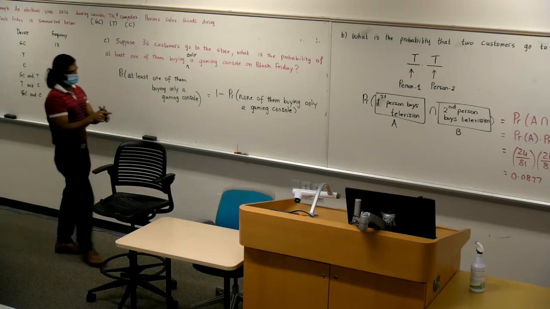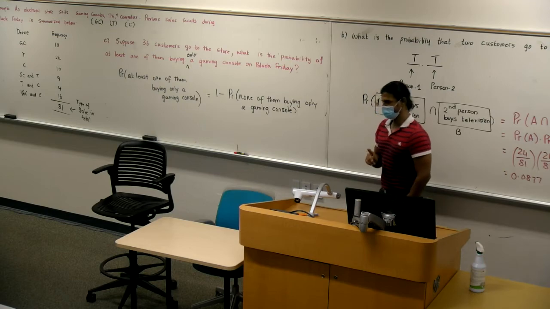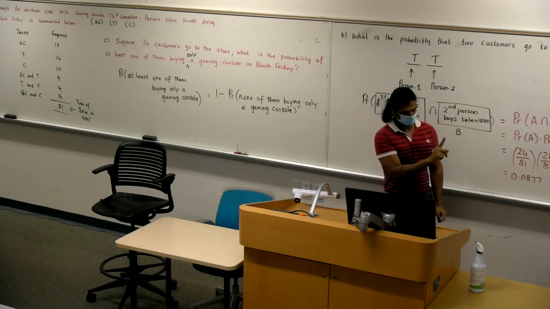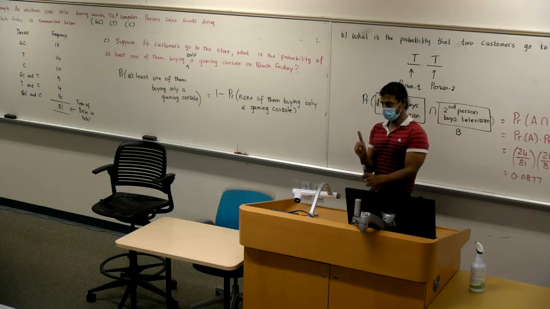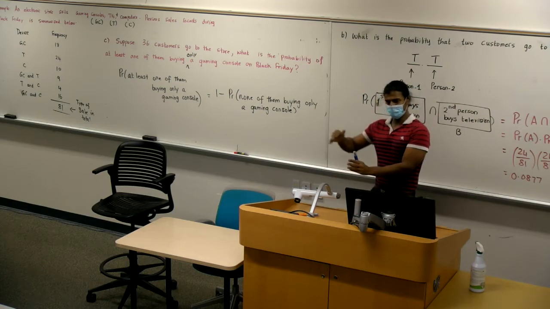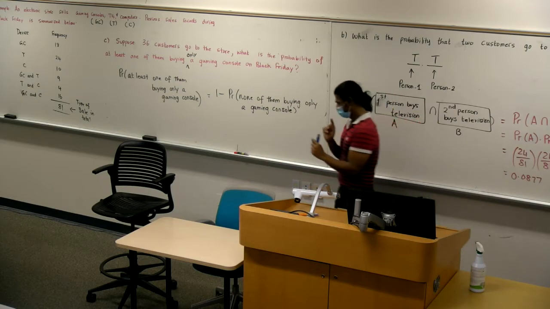So none of them buying only a gaming console would imply that the first person did not buy only a gaming console, the second did not buy only a gaming console, and so forth, right? That's what none of them means.